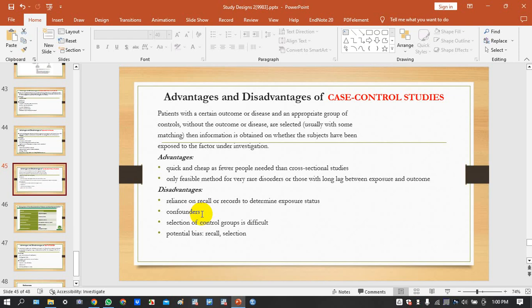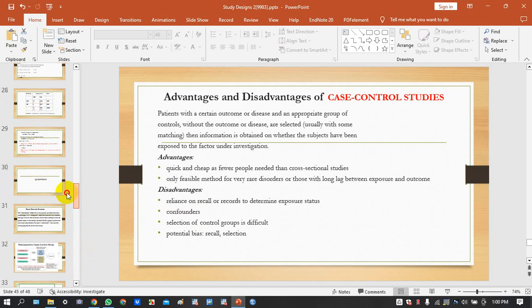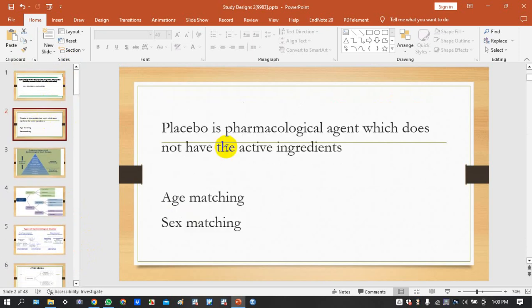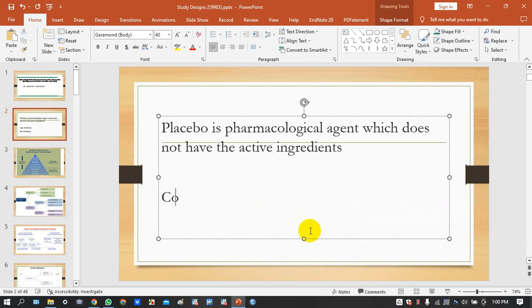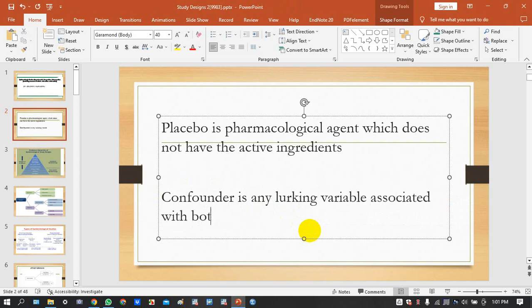We say a confounder is any lacking or irrelevant variable that is associated with both exposure and outcome. So age becomes a confounder if you are looking at hypertension.